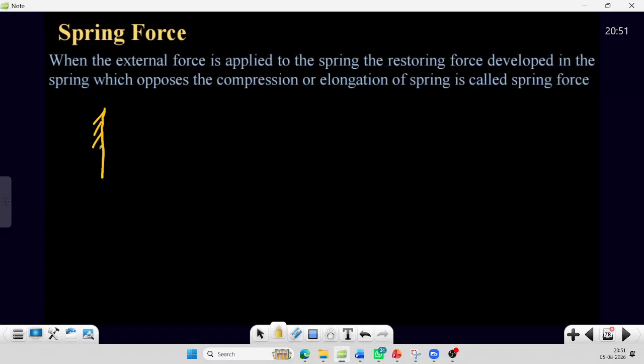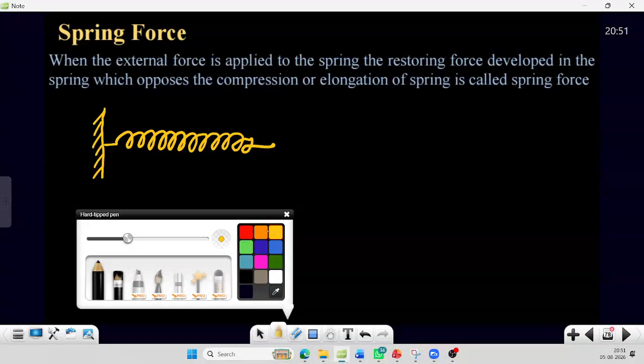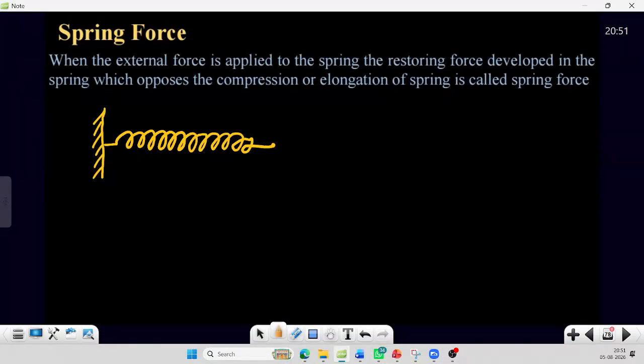Let us consider we have taken a spring and one end of this spring is connected to this side. We have the spring like this. When we don't apply any force, the spring is just connected to one side.